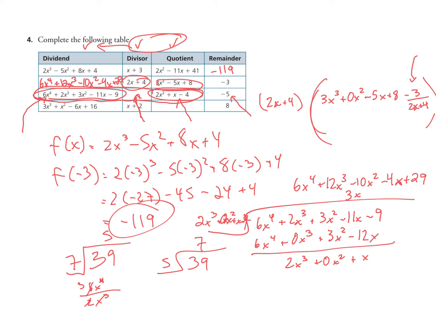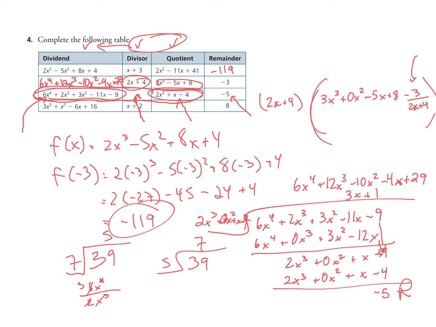And so the next term, 2x cubed divided by 2x cubed, is just plus 1. This comes down. 2x cubed plus 0x squared plus x minus 4. Minus 9, right, minus negative 4 is just negative 5.